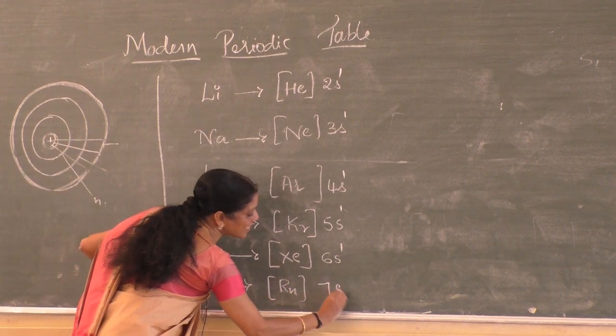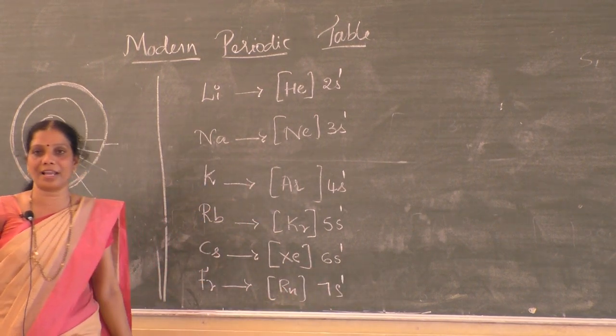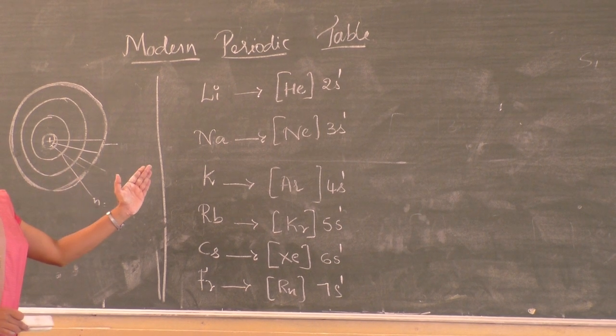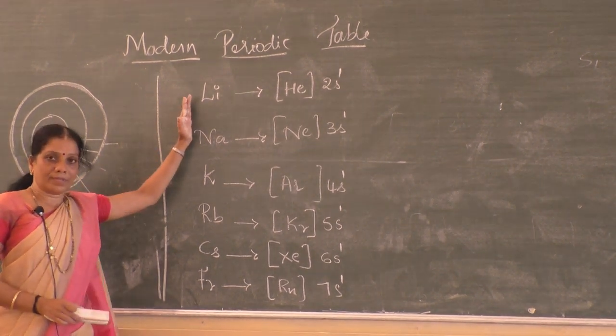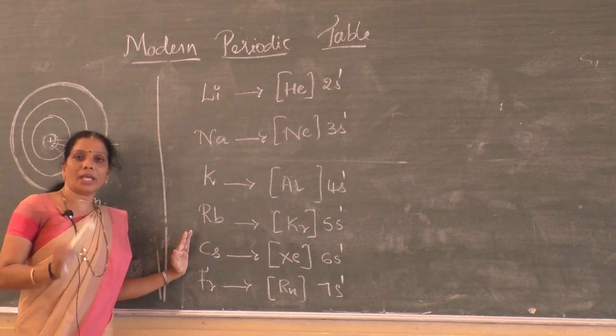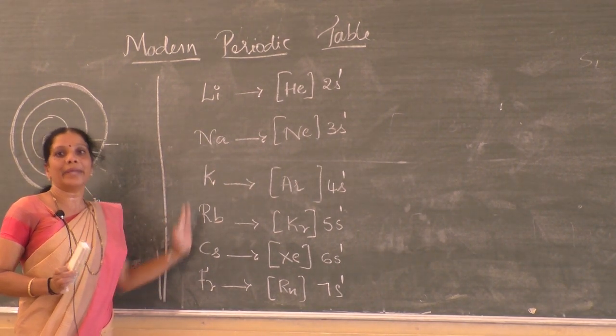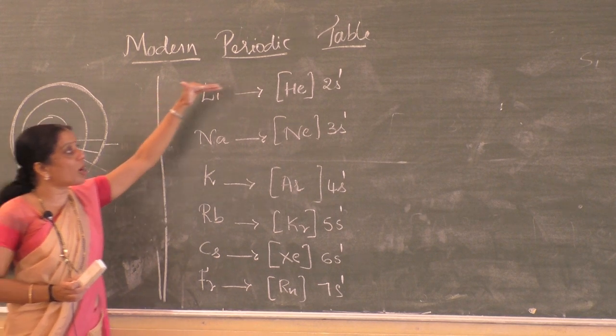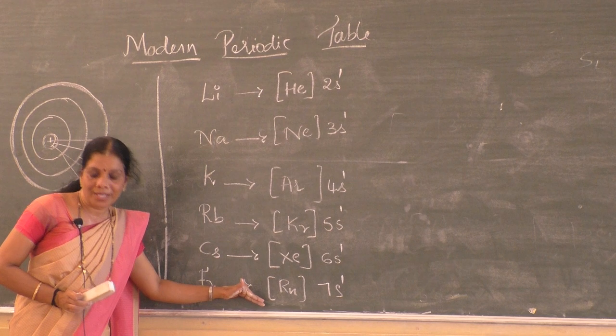The last electron enters into the seventh main energy level, 7s1. Listen here. Now we are studying the variation of the atomic radii down the group. How it varies as we move from top to bottom.